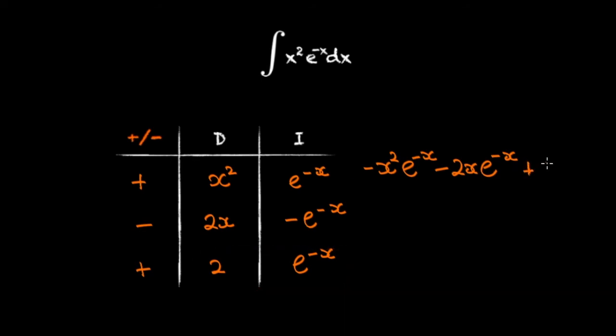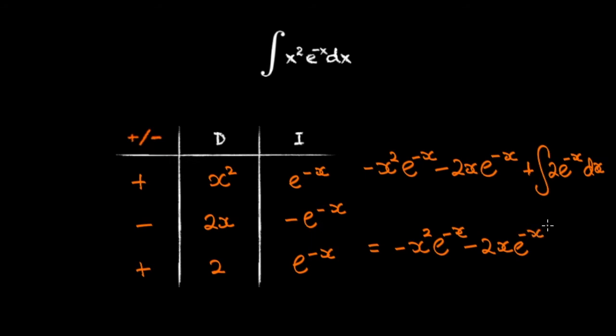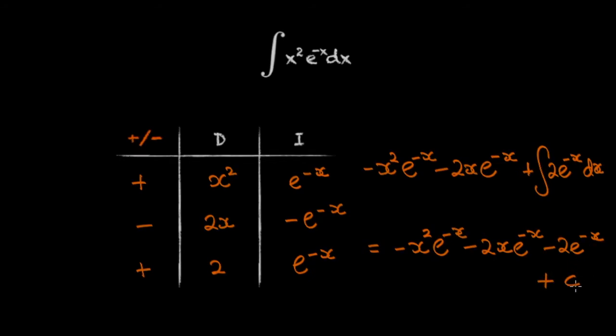So the integral of 2e to the minus x dx. So our final answer is negative x squared times e to the minus x minus 2x times e to the minus x minus 2 e to the minus x. And let's not forget the plus c.